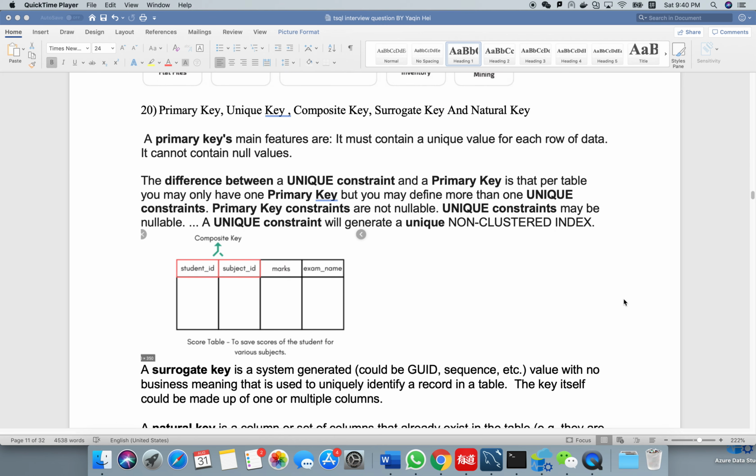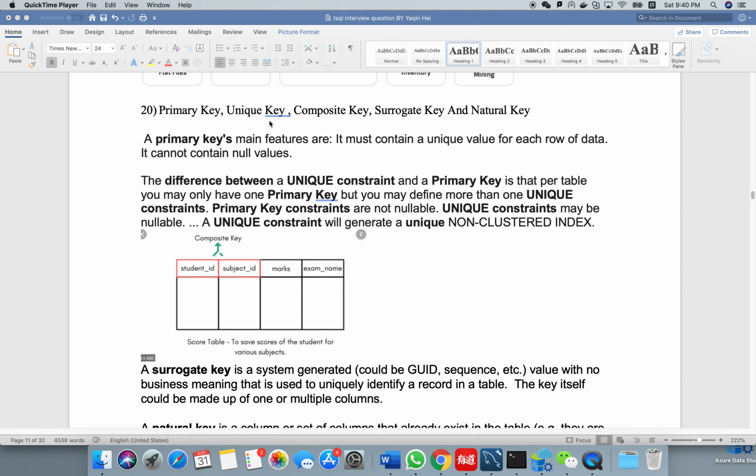20. Primary key, unique key, composite key, surrogate key, and natural key. First, primary key. A table can only have one primary key. A primary key ensures the uniqueness of the columns, so it cannot be null and cannot have duplicate rows.